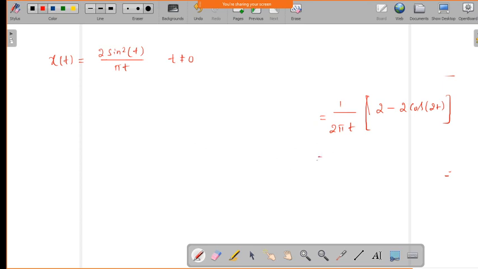We have this result, which is equal to 2 by 2 pi t into 1 minus cos of 2t. Now this we can represent as 1 over pi t into 1 minus cos 2t. So this we can represent as sin square t by pi t.